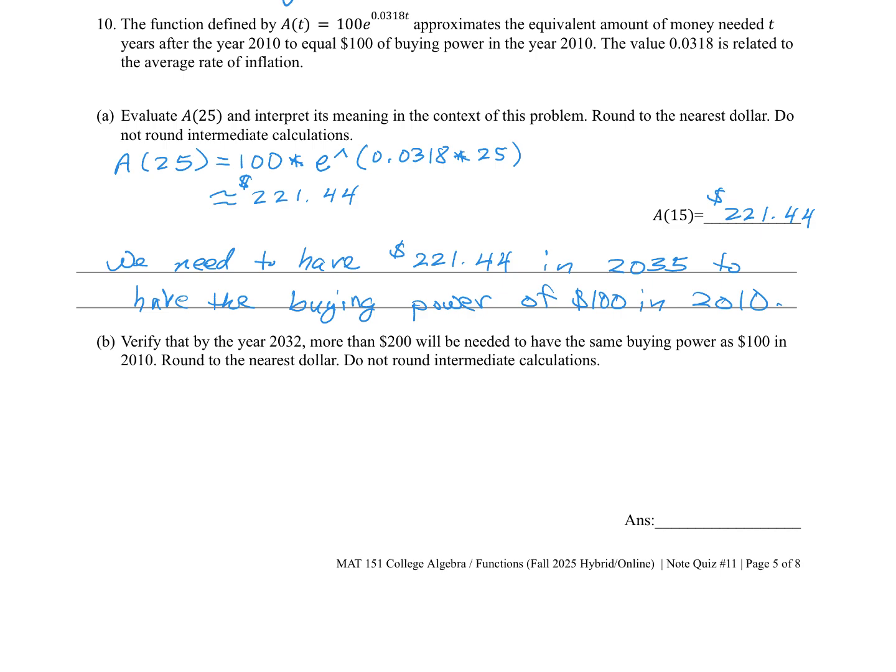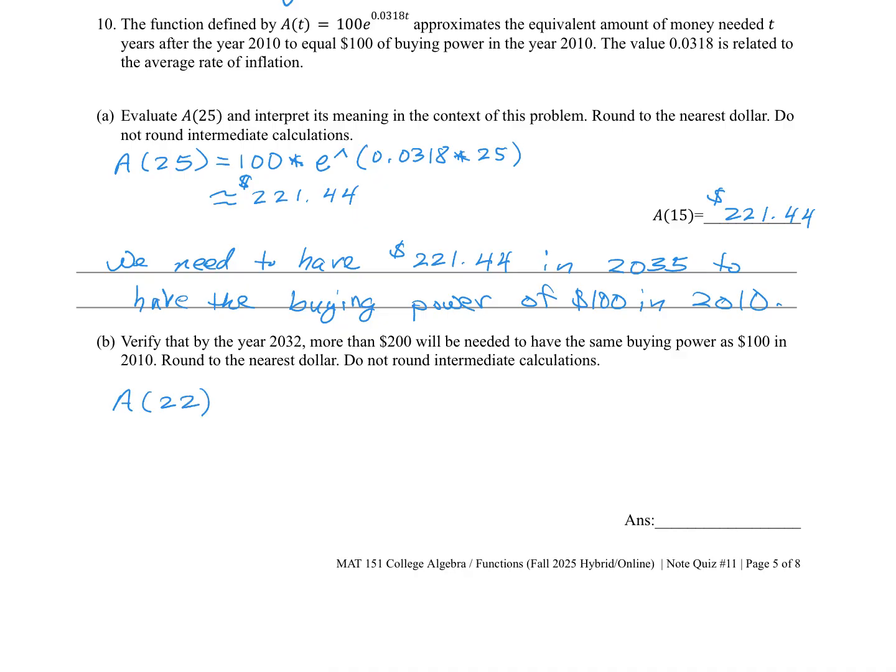So once again, we just calculate. Remember again that the time starts at 2010. So we actually need to calculate A of 22 because that is going to be 22 years past 2010. So we calculate A of 22.